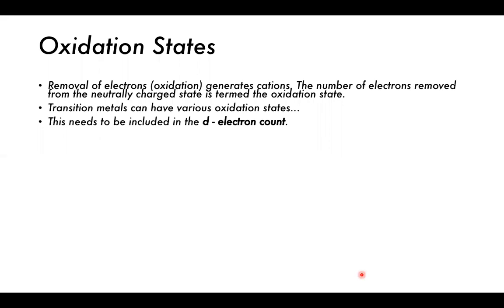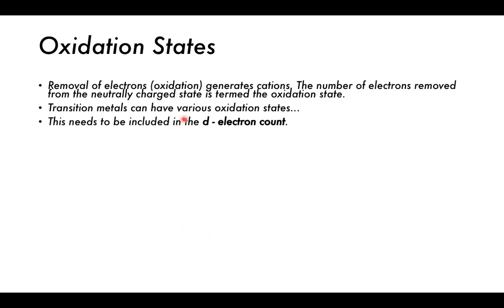So oxidation states: removal of electrons through oxidation generates cations. That's pretty standard stuff. The number of electrons removed from the neutral charge gives the oxidation state; remove 2, you've got the +2 oxidation state.